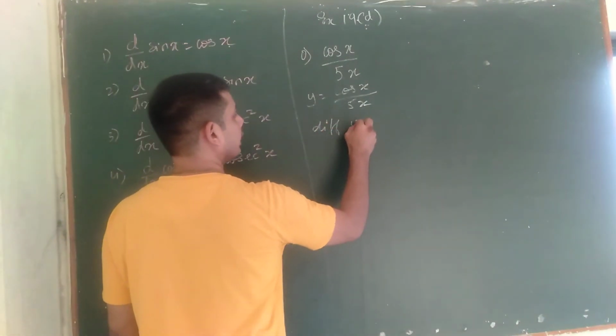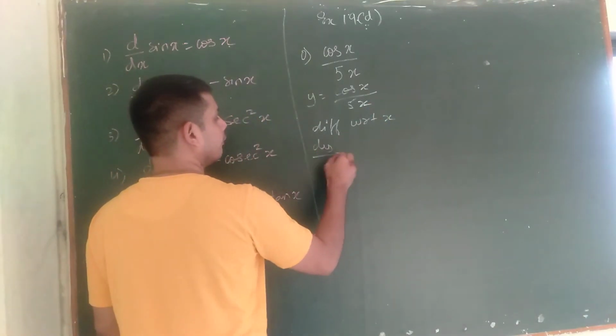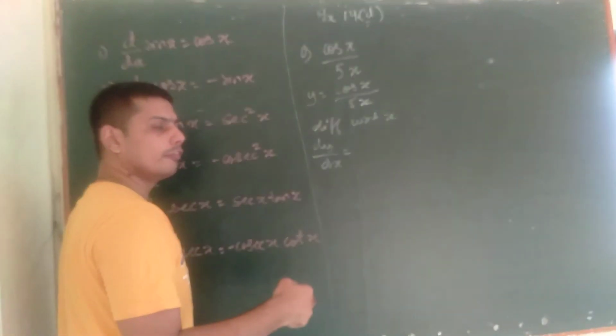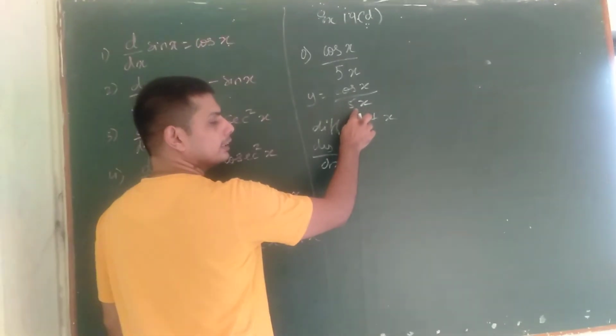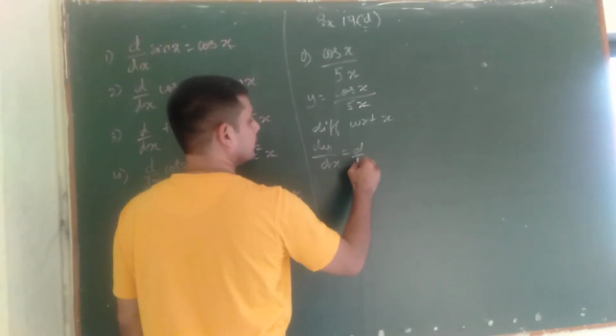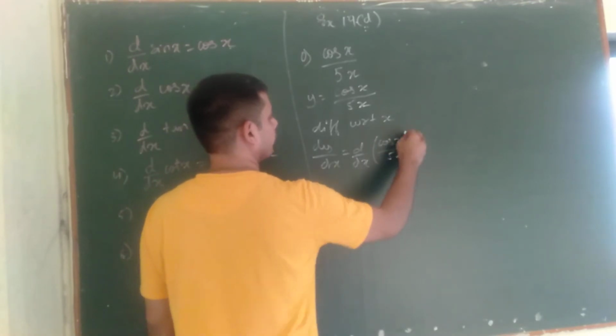So differentiate with respect to x, and therefore I'll get dy by dx is equal to, now by the u by v rule, v is your denominator, so let us first write this as dy by dx of cos x upon 5x.